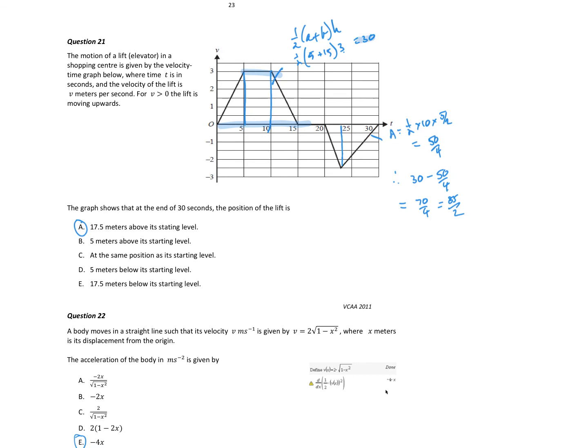Area of a triangle is a half base height. Don't forget, my base is 10, my height is 2.5. So that gives me 50 on 4. So 30 minus 50 on 4 is 70 on 4, which is 35 on 2, which is A.